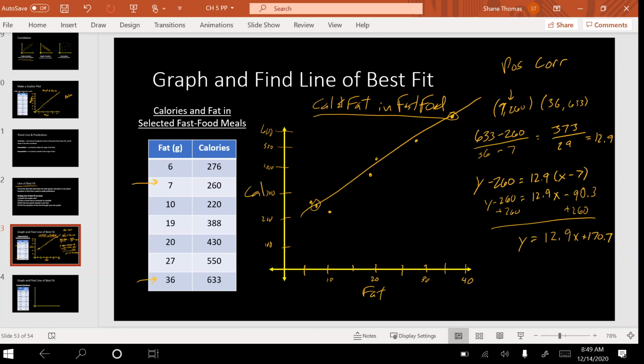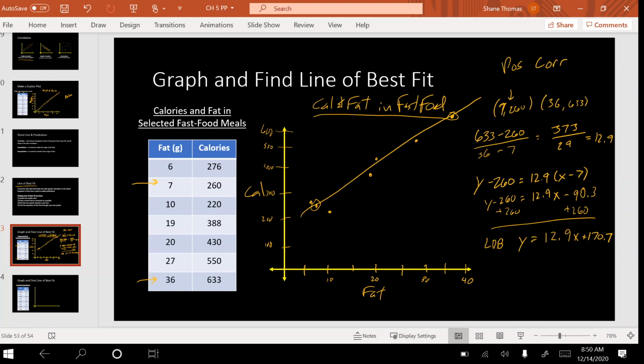So that would be my equation of my line of best fit. So y equals 12.9x plus 170.7. So what's my slope of that line? 12.9. What's my y-intercept? 170.7.